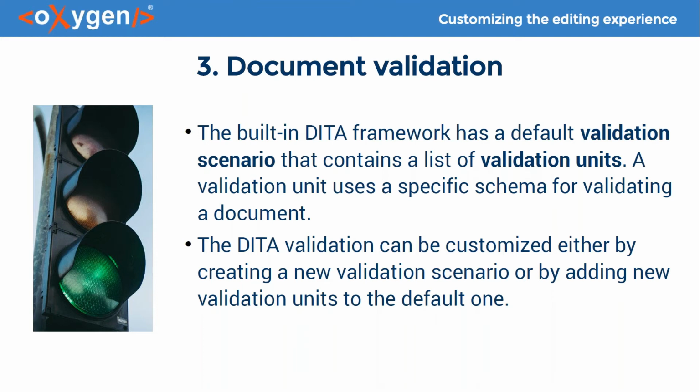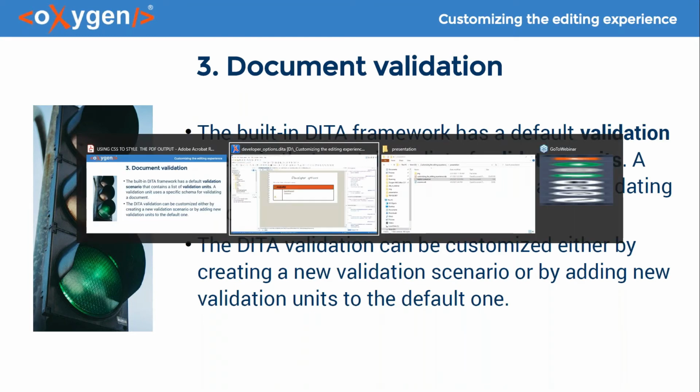And each validation unit uses a specific schema for validating the current document. We can customize the DITA validation either by creating a new validation scenario or by adding new validation units to the default one. And we're going to use this second approach and edit the current validation scenario.